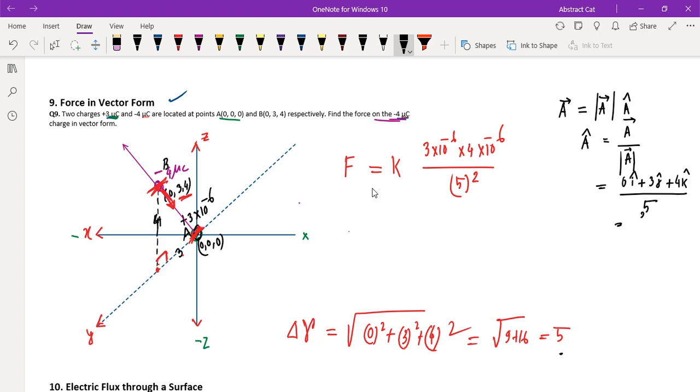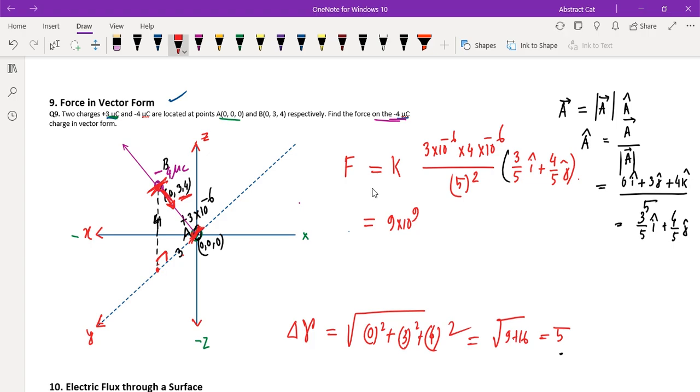So you get 3 by 5 j cap, 4 by 5 k cap. So direction is 3 upon 5 j cap plus 4 upon 5 k cap. And we know the k value, 9 into 10 to the power 9, and solve this.